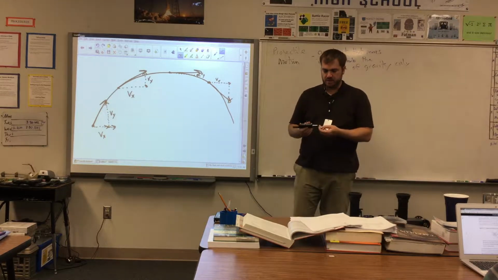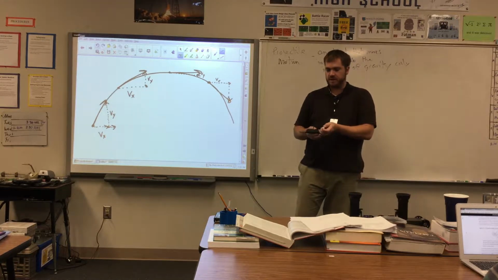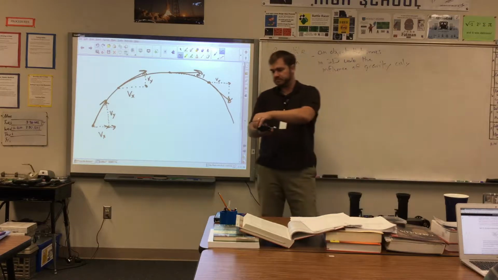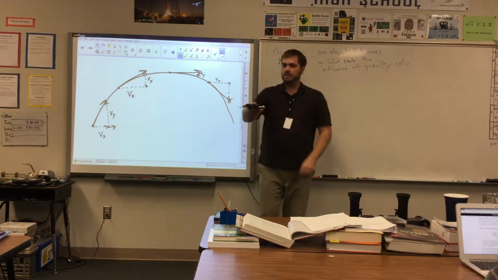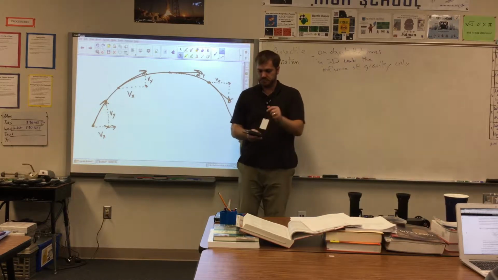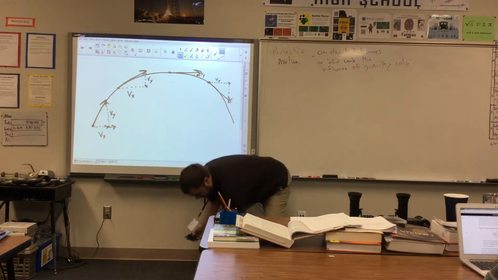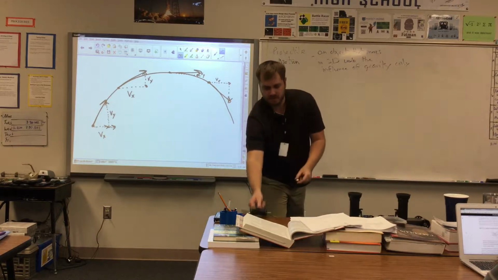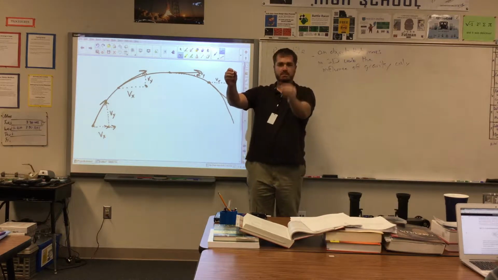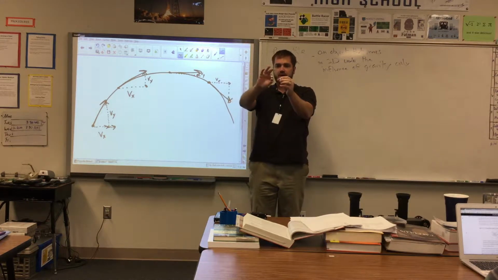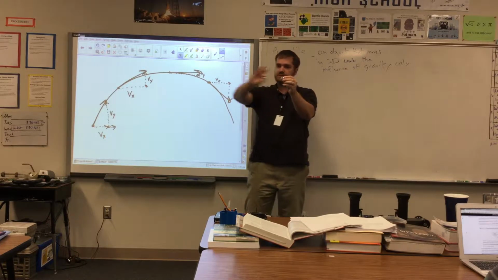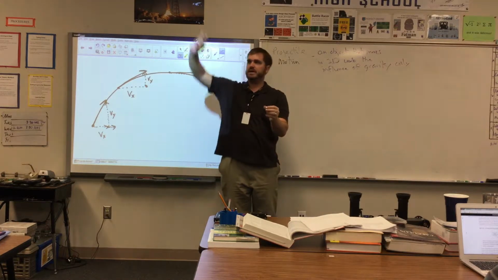To demonstrate that, I'm going to utilize this tool here, and I'm going to drop a ball. At the same time, I'm going to shoot one out horizontally, so not at an angle.